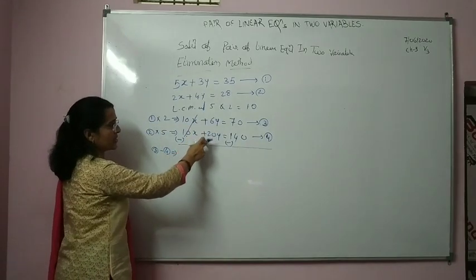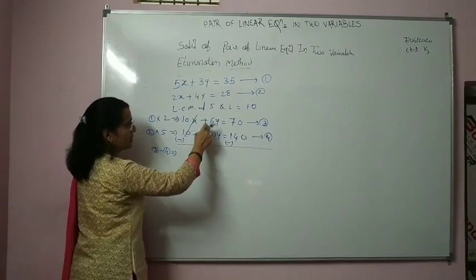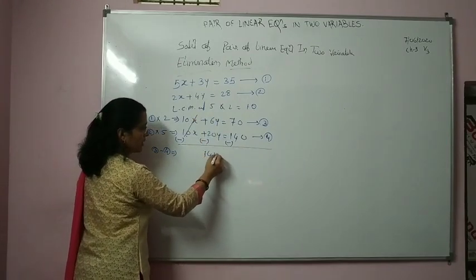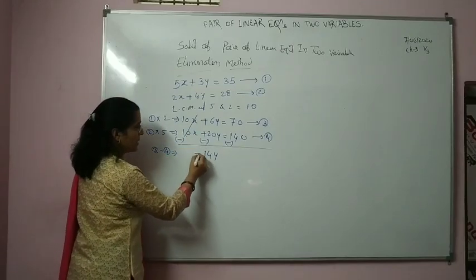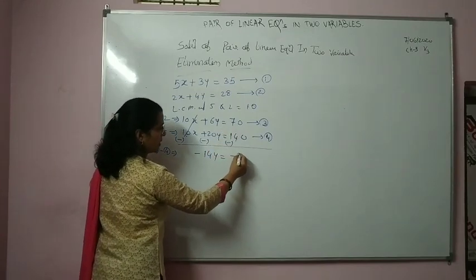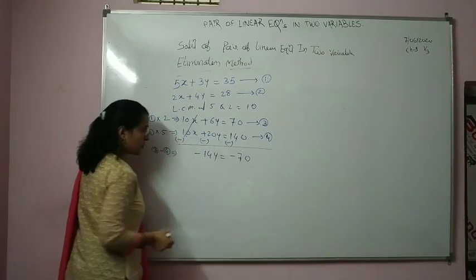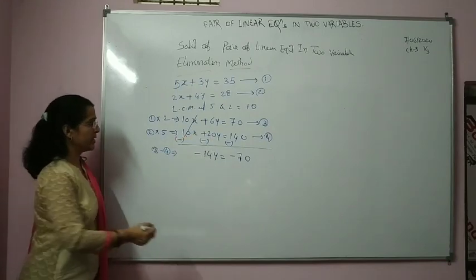So we do the subtraction with the bigger number's sign. 20 minus 6 is 14, and the bigger number has the minus sign, so minus 14y is equal to 70 minus 140, which is minus 70. In this way the equation turns into a linear equation in one variable.